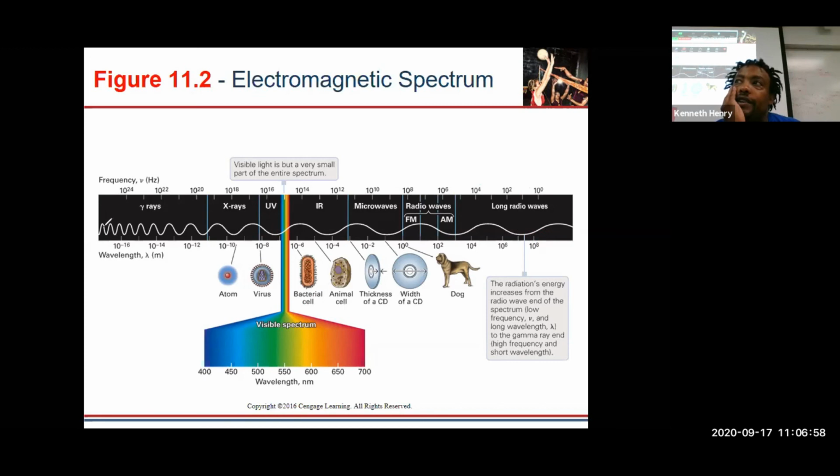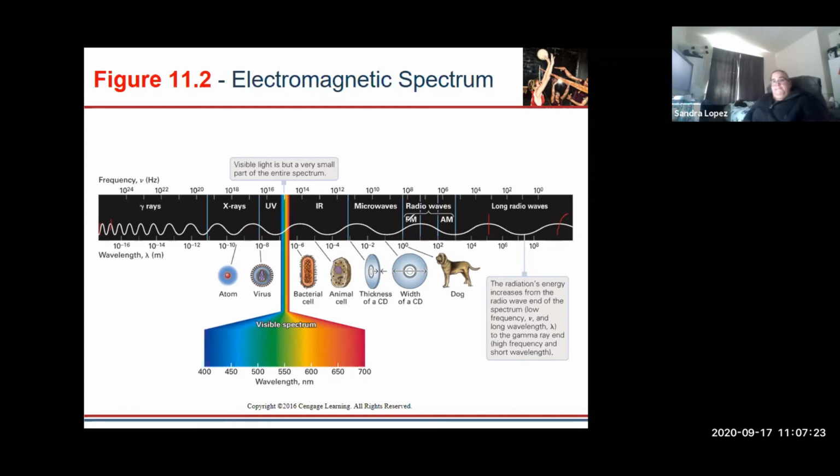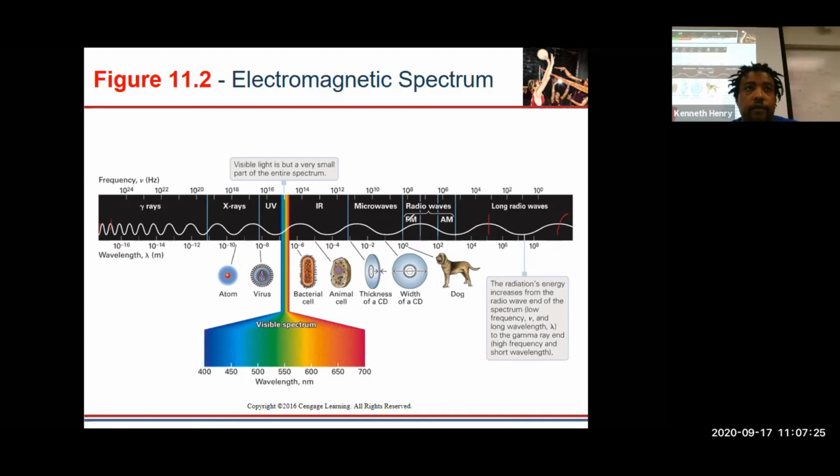So here's your gamma rays. Look how close they are together, right? And then here are your radio waves from peak to peak. Look at that distance. And this gives you how big they are relative to real things in life. For instance, a dog is right at the point where we start FM radio waves, so the distance of a dog from head to tail is about the size of the wavelength. So that's pretty big.